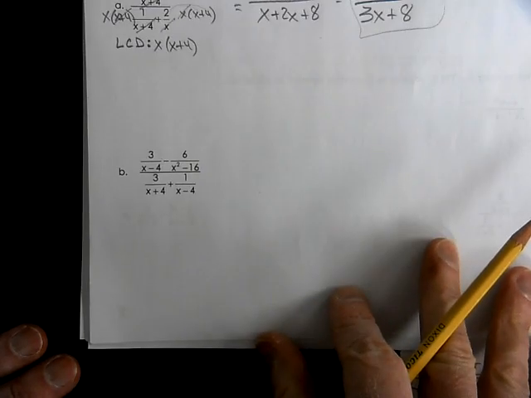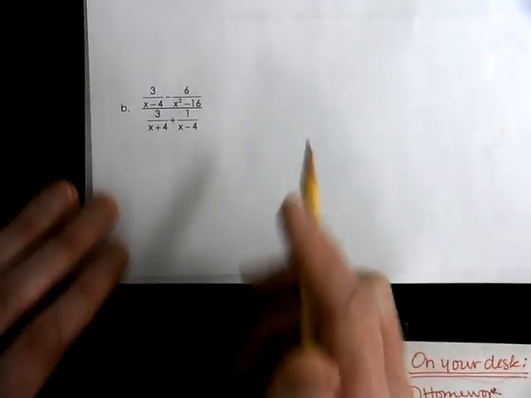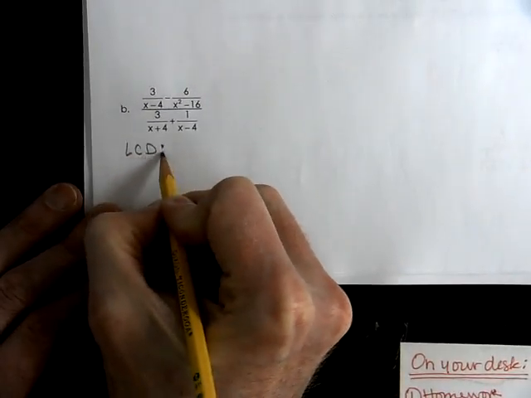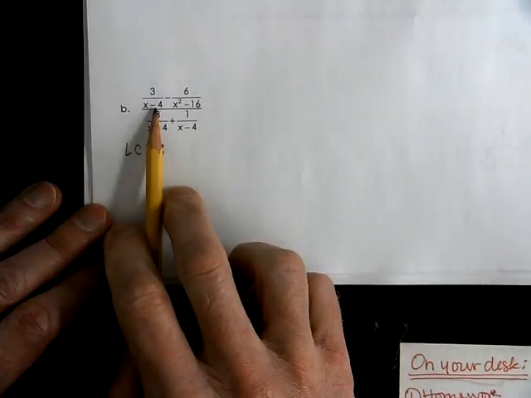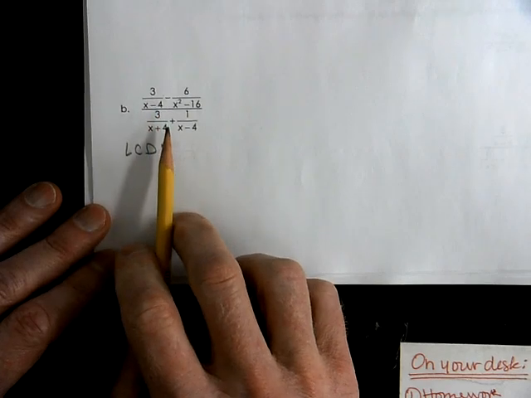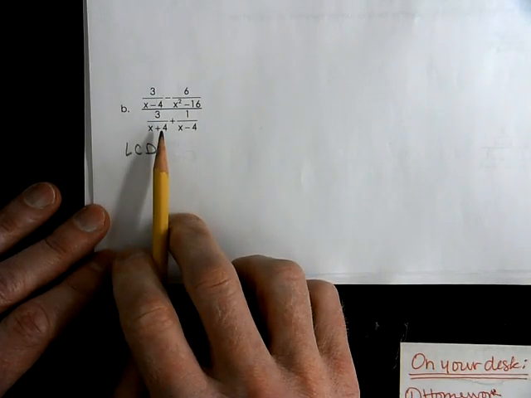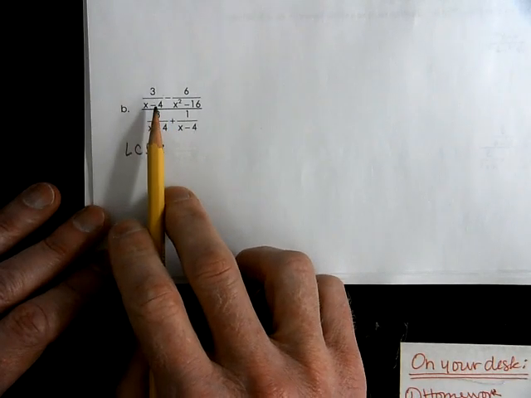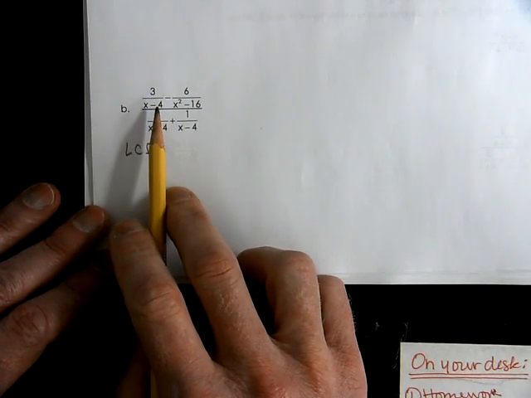So what do we suspect this LCD is going to be? X plus 4, x minus 4. This has an x minus 4 also, so that's okay.